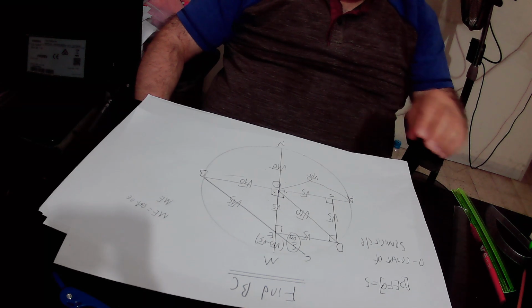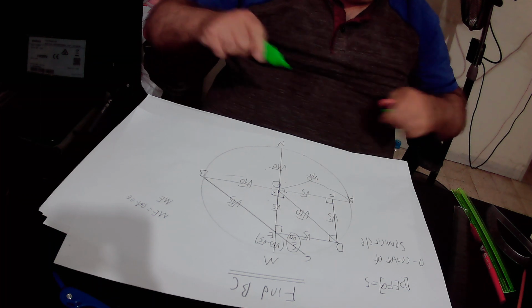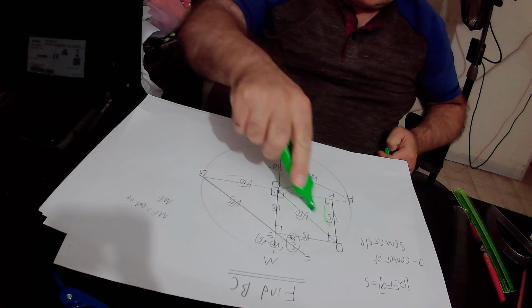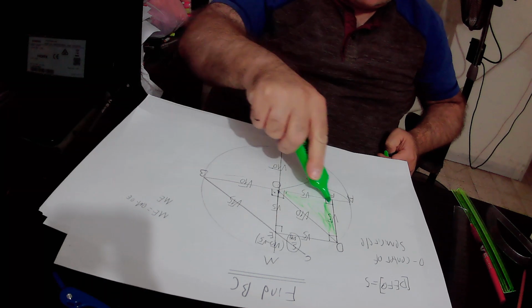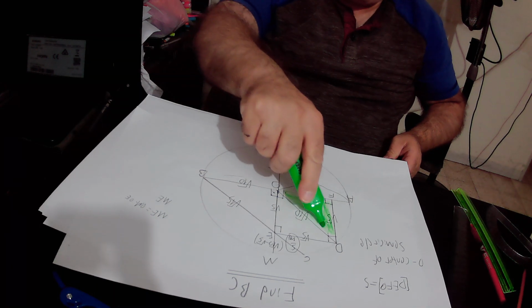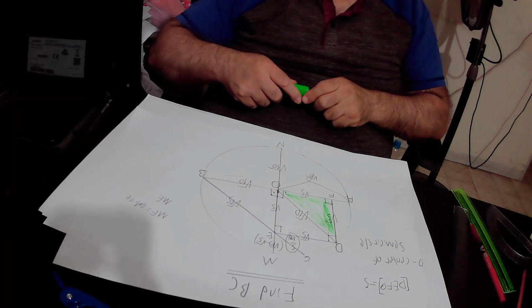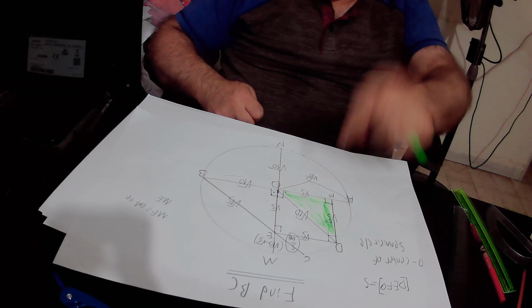In the next step, we actually focused on this right triangle DOF. We implemented the Pythagoras theorem on the right green triangle DOF.